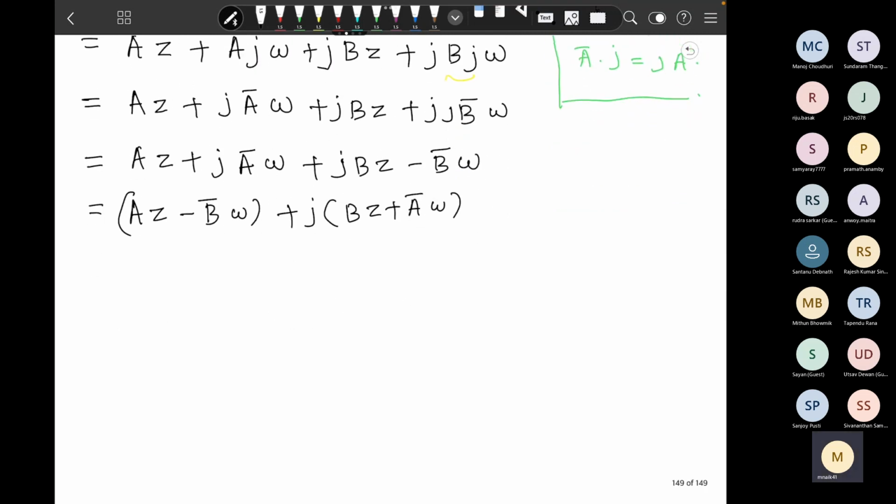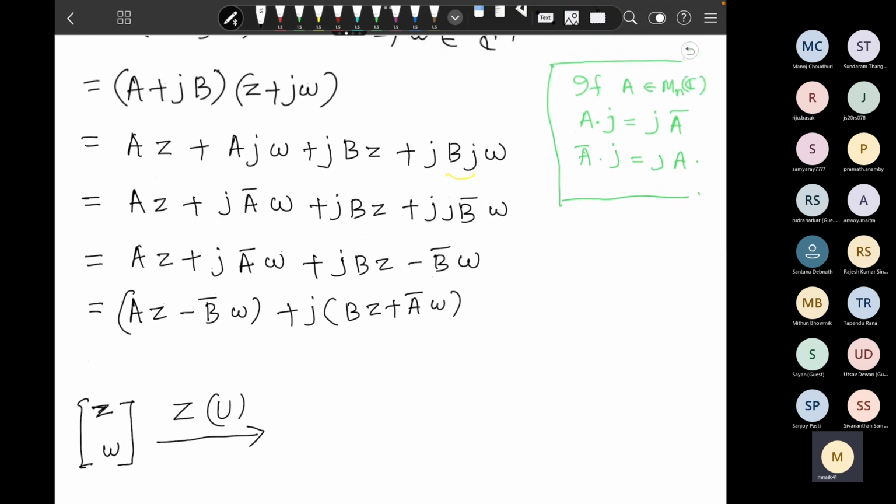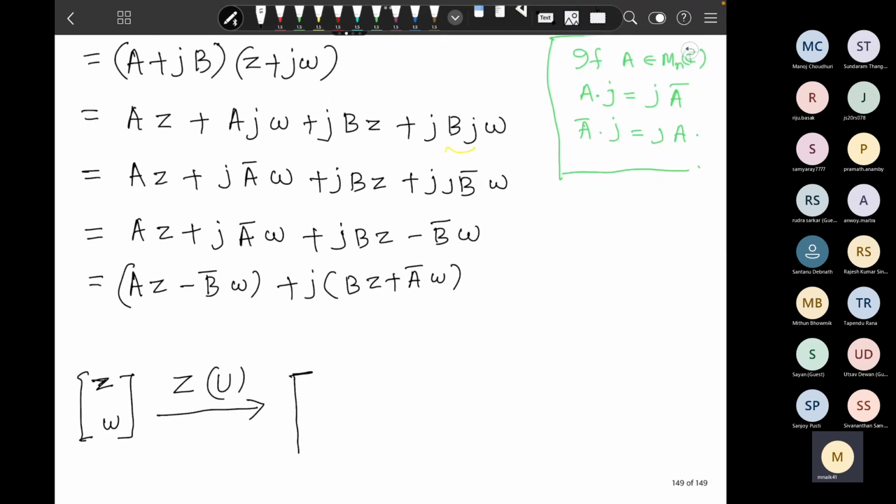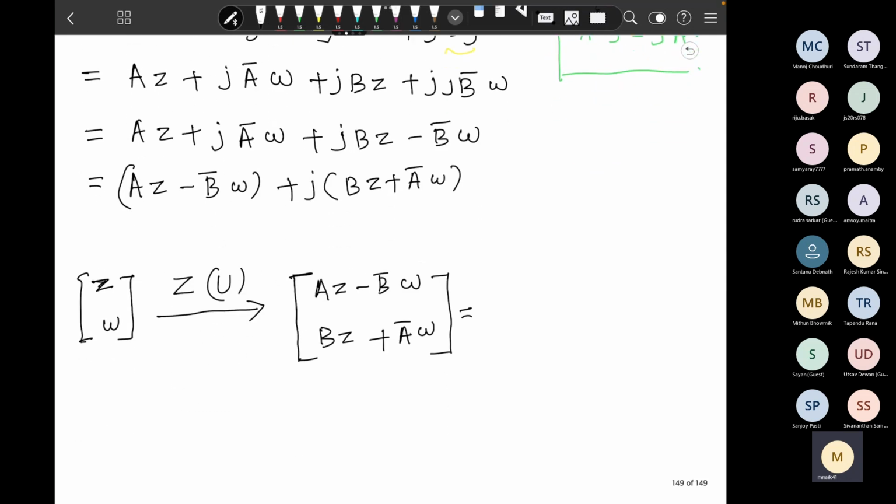So this will actually take this map. ZU will take ZW to AZ minus B bar W, BZ plus A bar W, in column form. So I will call this matrix A, minus B bar, B, A bar, acting on ZW.